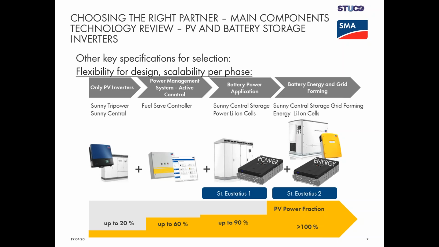Let me put it this way: we required that the system can operate fully independent of the power plant. So we required that we go to 100% PV penetration and shutting down the power plant automatically.